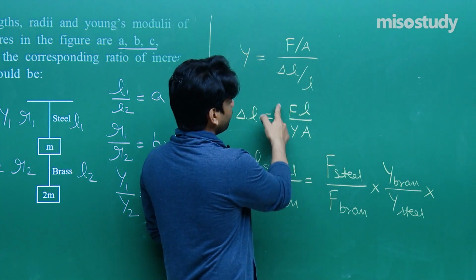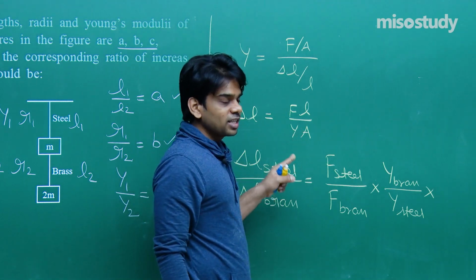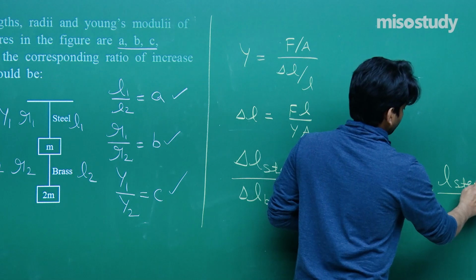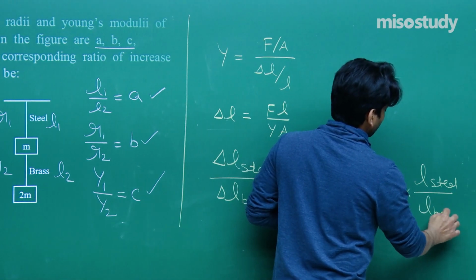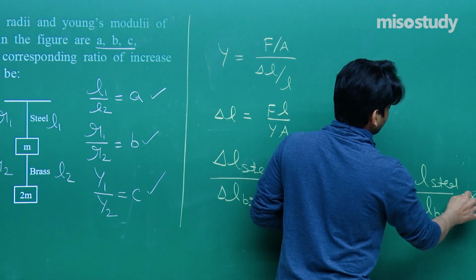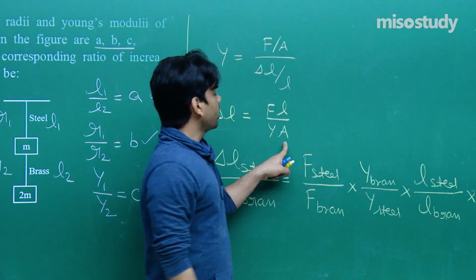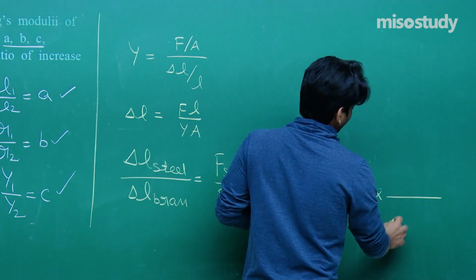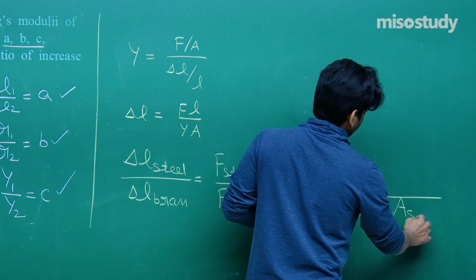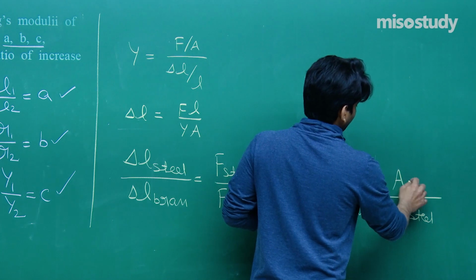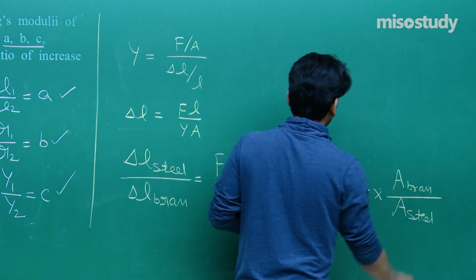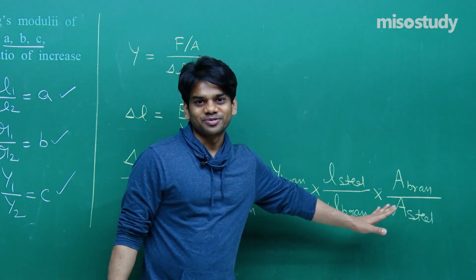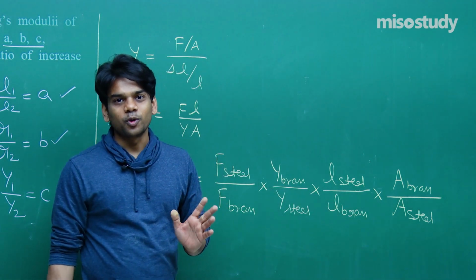Now you see we used F, we used Y, now L. Length is also given, so length of steel divided by length of brass. Area of cross section we have in the denominator, so let me write down area in the denominator. So area of steel divided by area of brass. This we will be writing as per the given information. I hope that you can see the entire equation. Quite lengthy, but now we have to only put up the values.